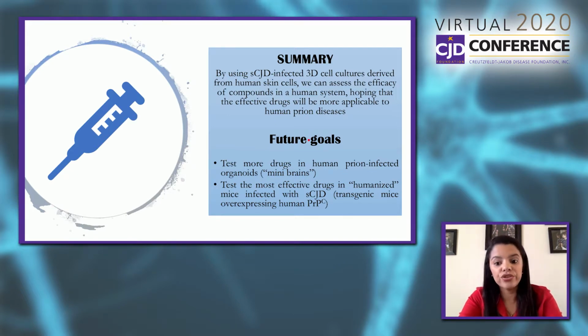So our future goals are to test the LC compounds in the mini brains infected with CJD, and lastly, to test the effective drugs in humanized transgenic mice that are able to be infected and propagate prion infection when they are inoculated with CJD prions, which are human prions.